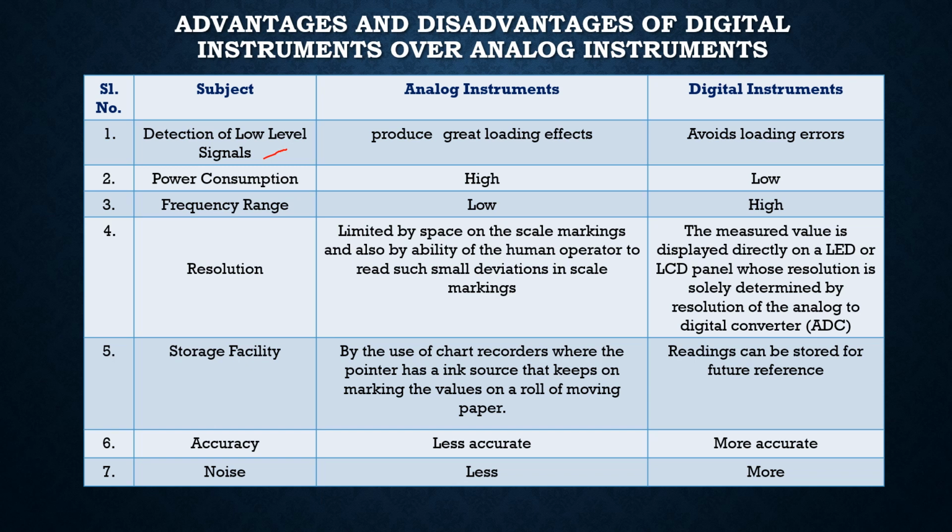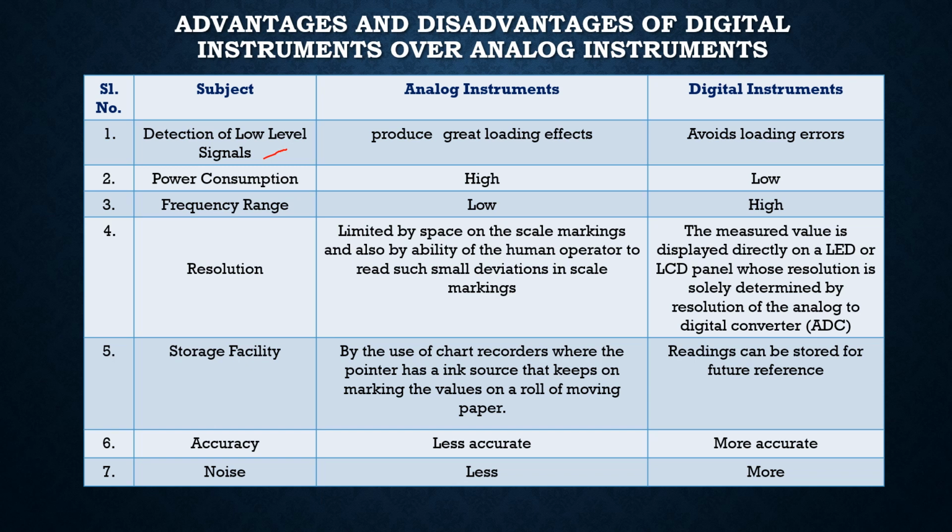And for digital instrument, the measured value is displayed directly on an LED or LCD panel whose resolution is solely determined by the resolution of the analog to digital converter. Next we have storage facility. In analog instrument, few analog instruments have a storage facility, that is by the use of chart recorders where the pointer has an ink source that keeps on marking the values on a moving roll of paper.